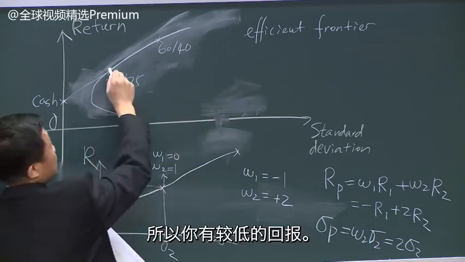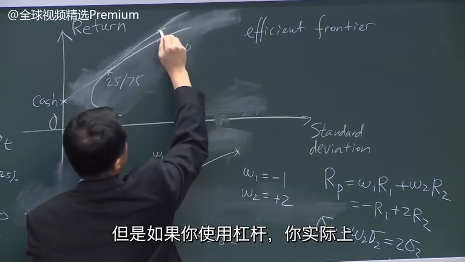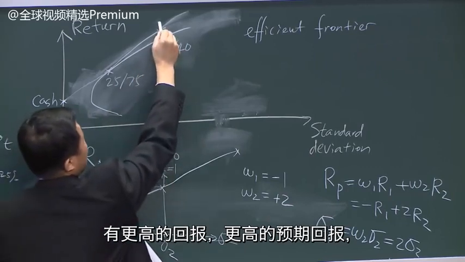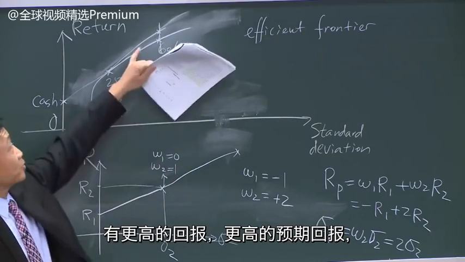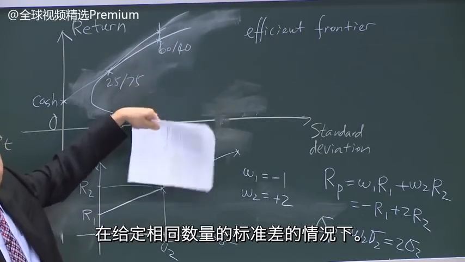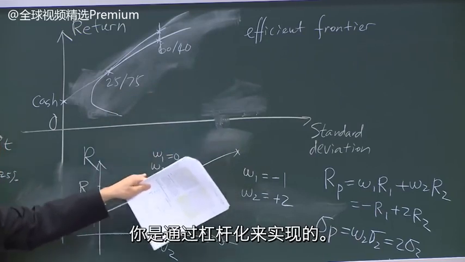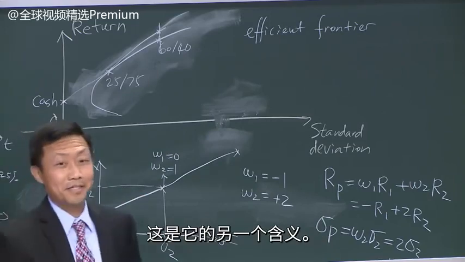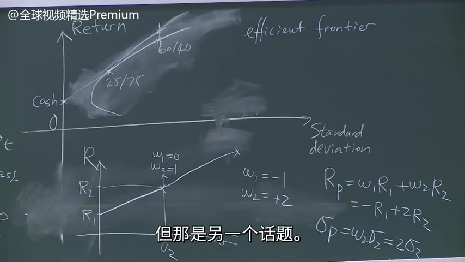So you have lower return, but if you leverage it up, you actually have higher expected return, given the same amount of standard deviation, which you achieve by leveraging up. Obviously, when you leverage up, there are other implications of that. We haven't talked about the liquidity risk, but that's a different topic.